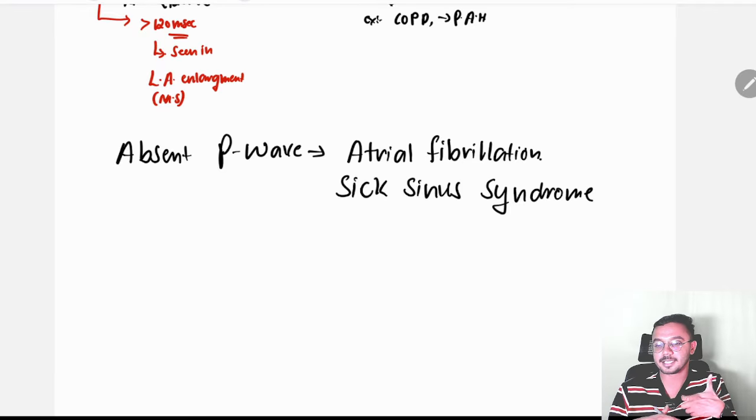I will discuss ECG changes in hyperkalemia and hypokalemia separately. So in the cardio session, if the examiner mentions an absent P wave, you should think about two conditions: atrial fibrillation and SSS, sick sinus syndrome. I will teach you how to differentiate between atrial fibrillation and sick sinus syndrome.